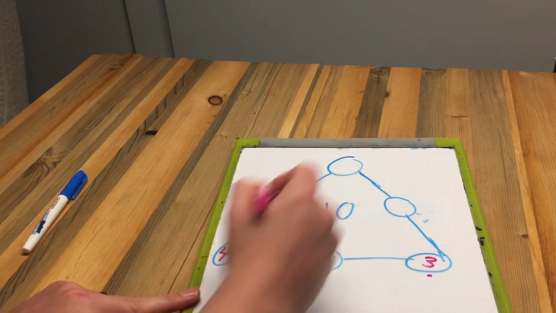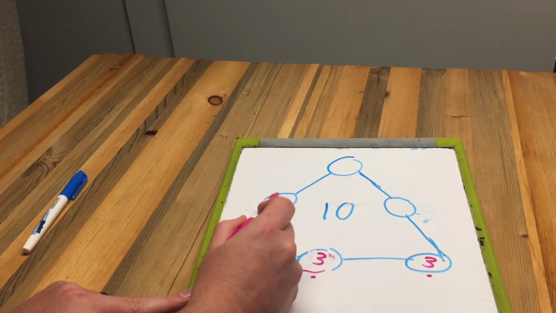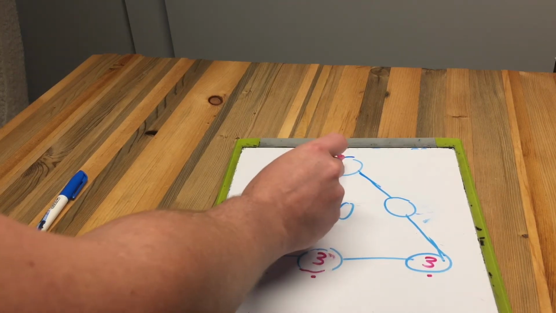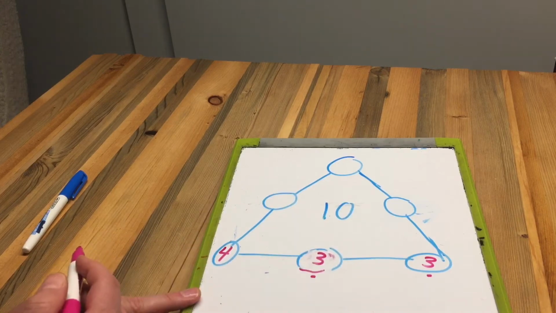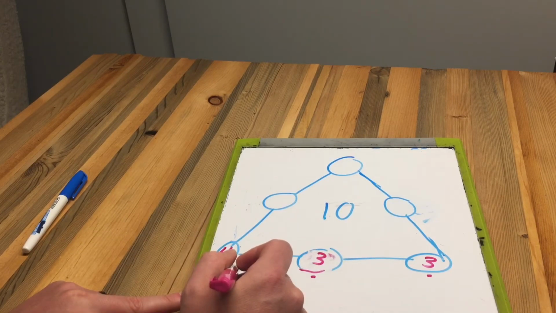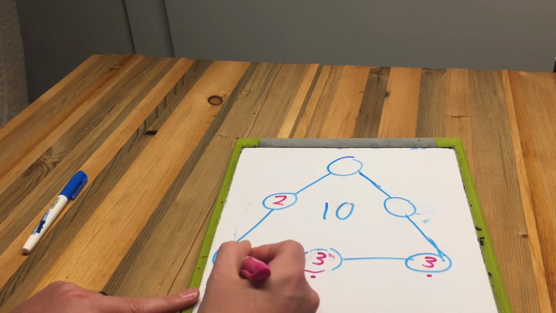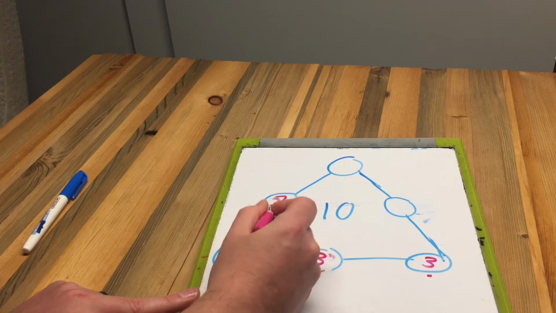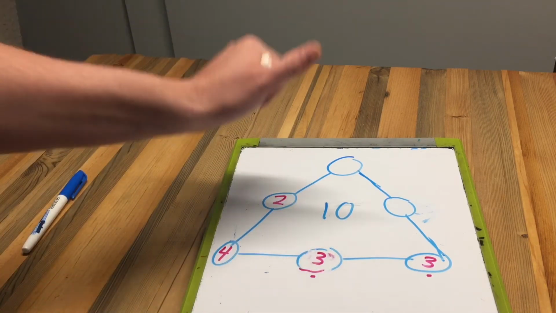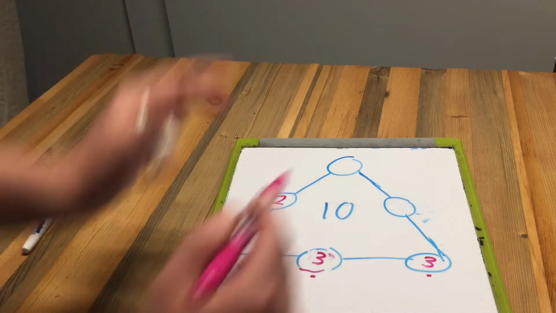So let's do this side next. If I have a 4, I'm not going to put a 3 here because then this has to be 3 and these two sides are the same. So I'm going to use a number I have not used yet. Let's try a 2. So 4, 5, 6, 7, 8, 9, 10. 4 more.